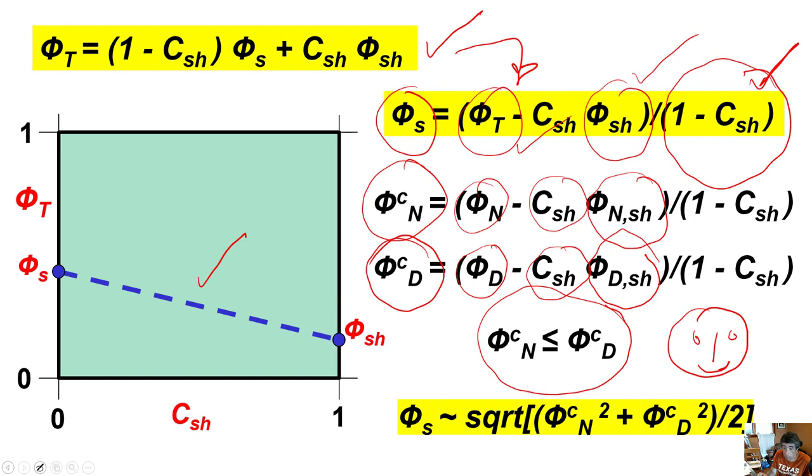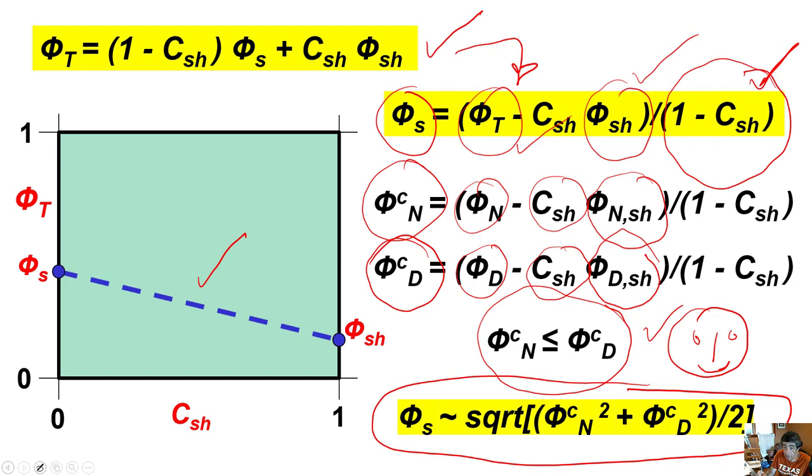But now that you know this and you say, okay, now the corrected neutron is lower than the density log. So what am I going to do to calculate the porosity of the sandstone fraction of that rock? Then we apply this approximation that we have been applying for clean sandstones, which is the square root of the average of the squares.